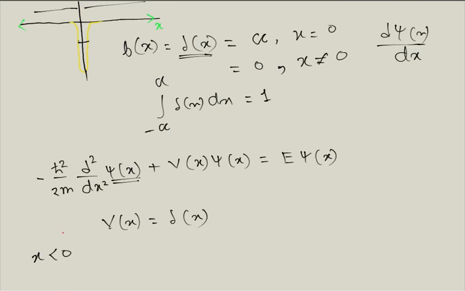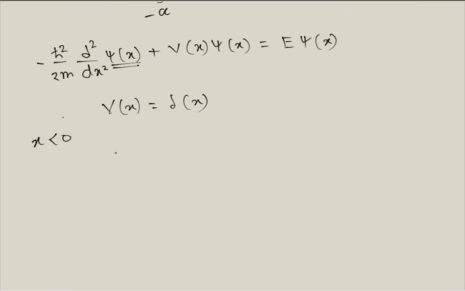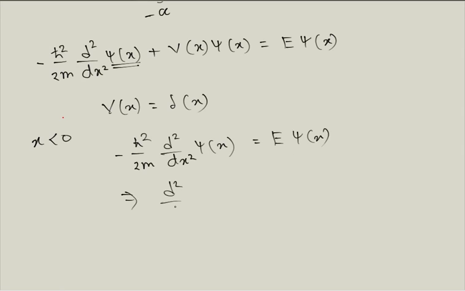So first of all, let us solve it for x less than 0. You can see that for x not equal to 0, V of x, that is the potential function, is 0. So the Schrodinger equation reduces to minus 2mE over h bar squared times psi of x.